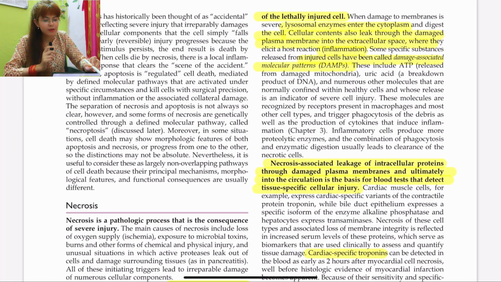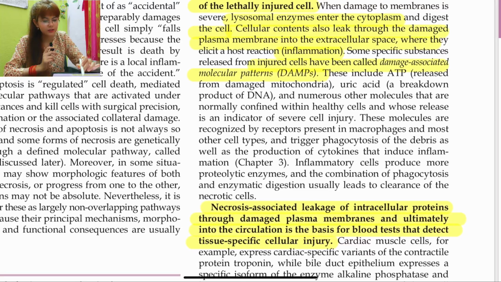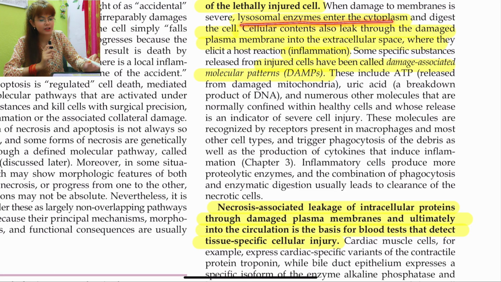When the damage to the membrane is severe, the lysosomal enzymes will enter the cytoplasm and damage the cell. And the cellular contents will also leak through the damaged plasma membrane, where they will elicit inflammation. The specific substances released from these injured cells are known as damage associated molecular patterns, or DAMPs. Now what are examples of these DAMPs? These are ATP, uric acid, and numerous other molecules.